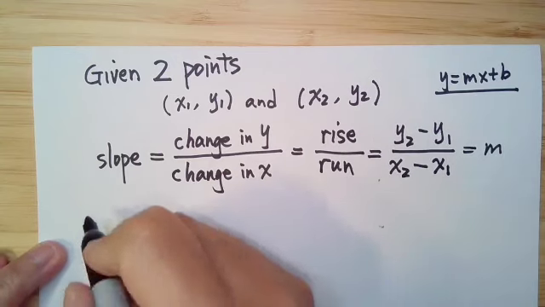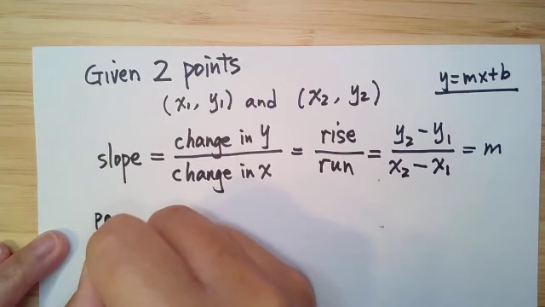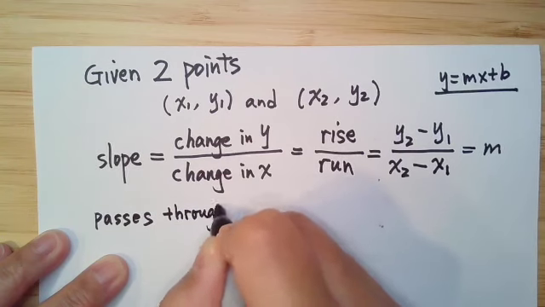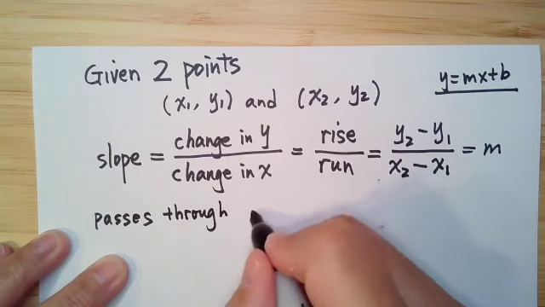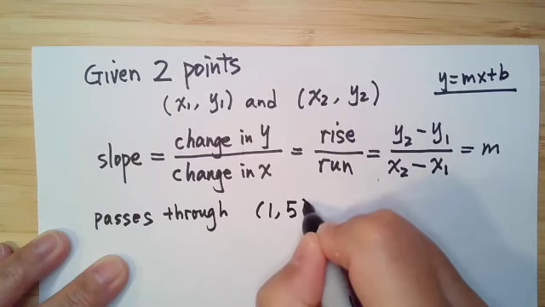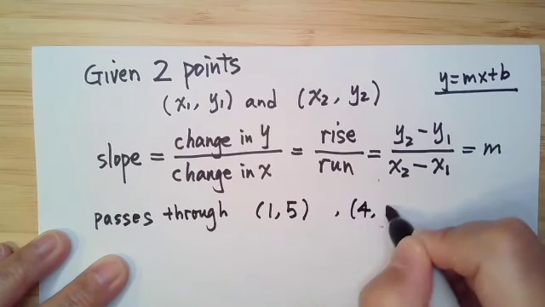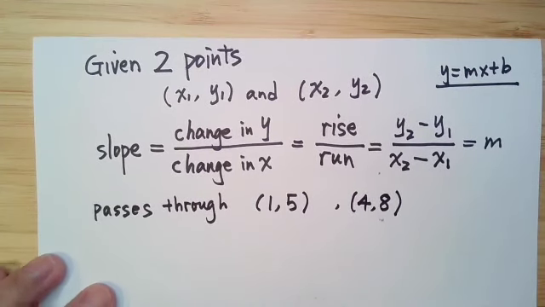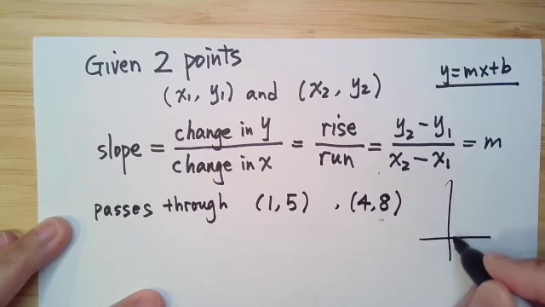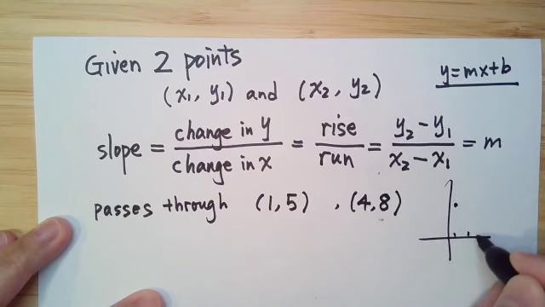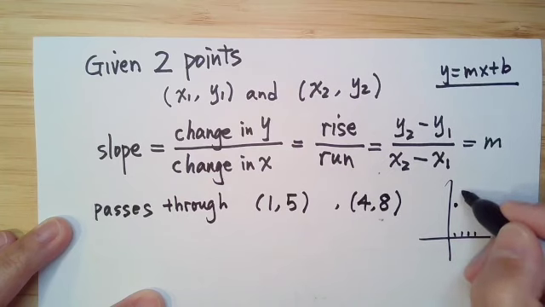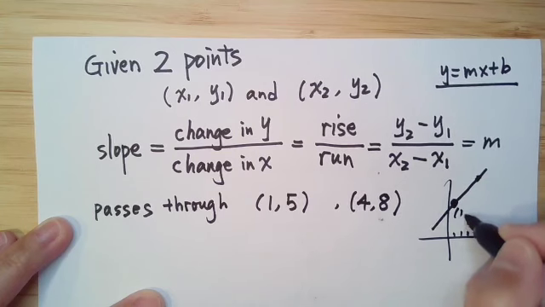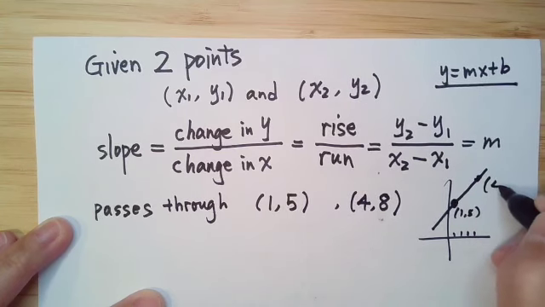I give a straight line that passes through 2 points. The 2 points are (1, 5) and (4, 8). Can you find the equation? This point is (1, 5), and this point is (4, 8).